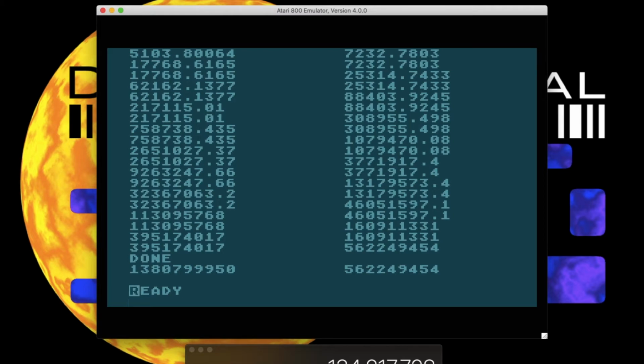Oh. 1, 2, 3, 4, 5, 6, 7, 8, 9, 10. And looks like that's what it came up with. So what do we get? That should be the square root of 2 right there.